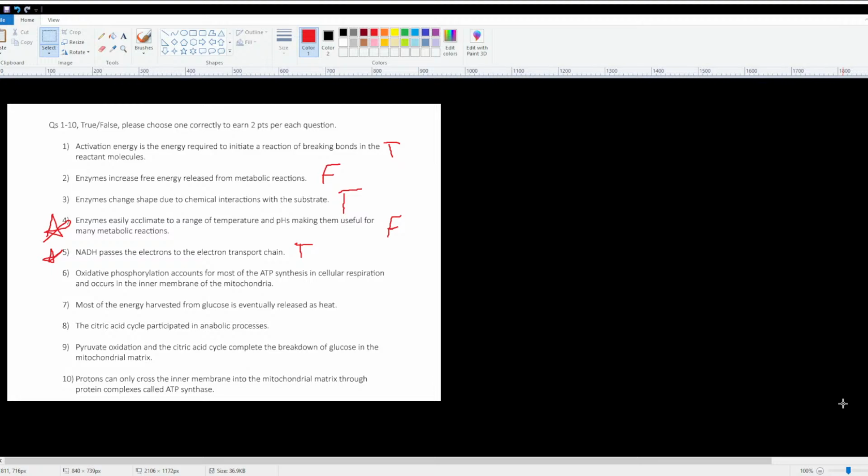So what does that mean? It means that we feed the NADH into the ETC, and then through the ETC, we make ATP. The synthesis of ATP occurs during oxidative phosphorylation, which happens in the inner membrane of the mitochondria. So this question would be true.